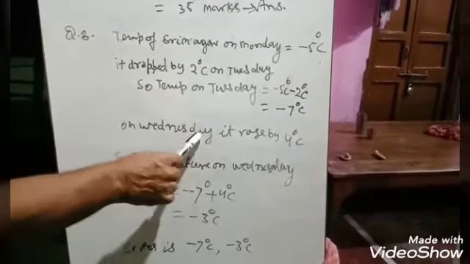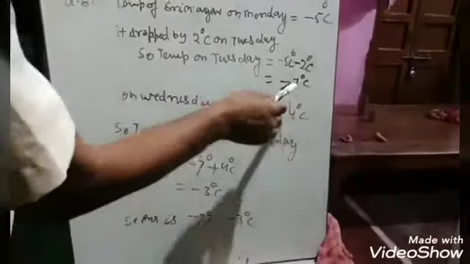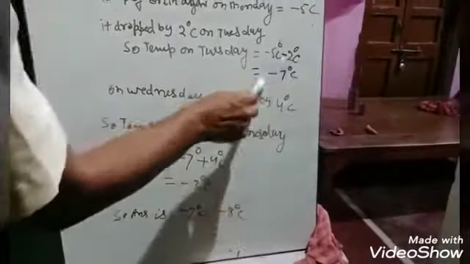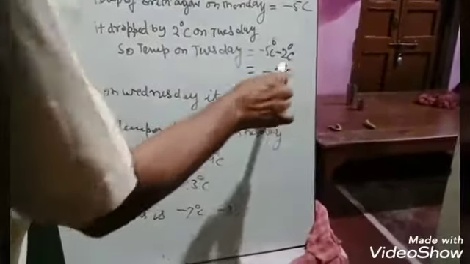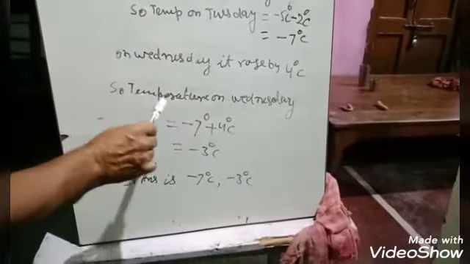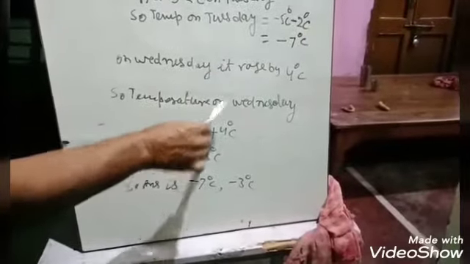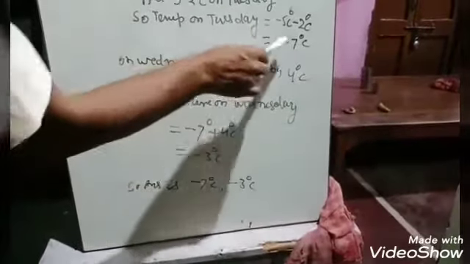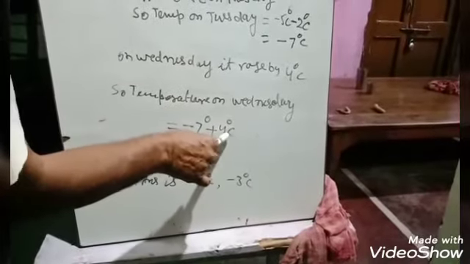Now on Wednesday it rose by 4 degrees centigrade. The temperature of Tuesday, -7 degrees centigrade, is increased by 4 degrees centigrade.